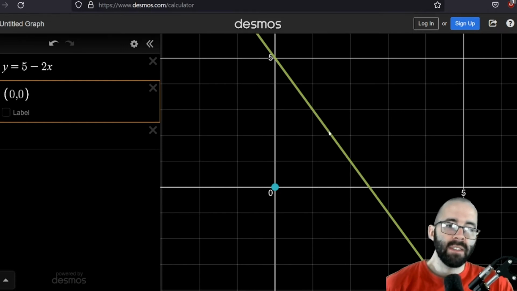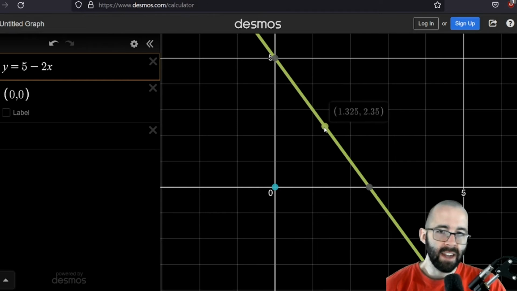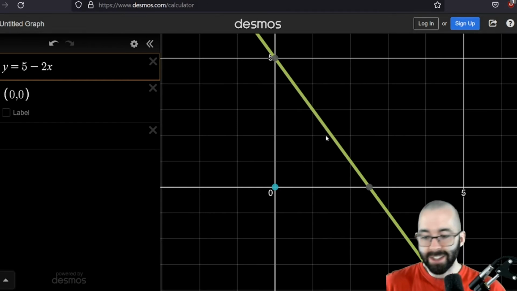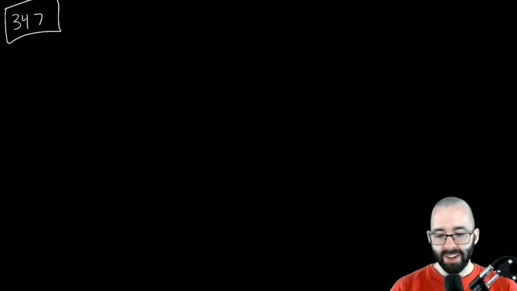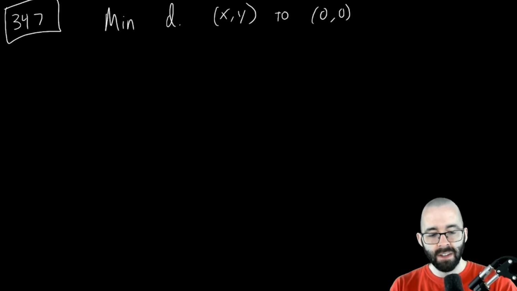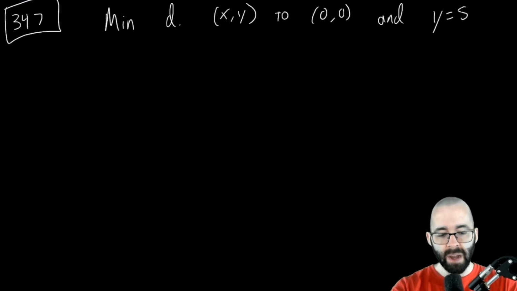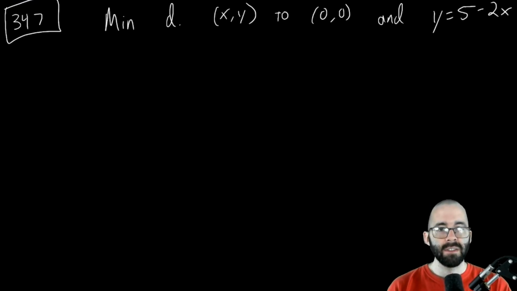Any point on this line is an x, y, and we know the y coordinate is 5 minus 2x. We're trying to minimize the distance from the point x, y to the origin. So what's the distance?